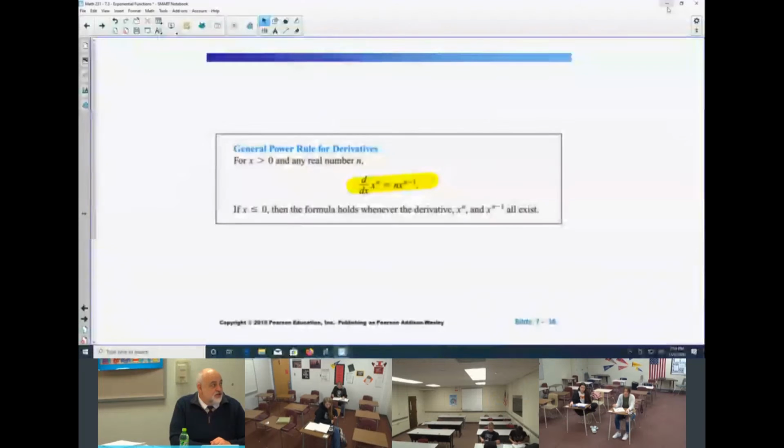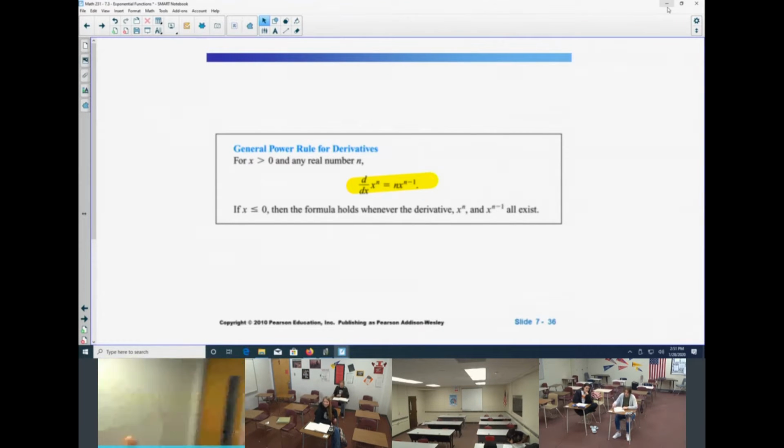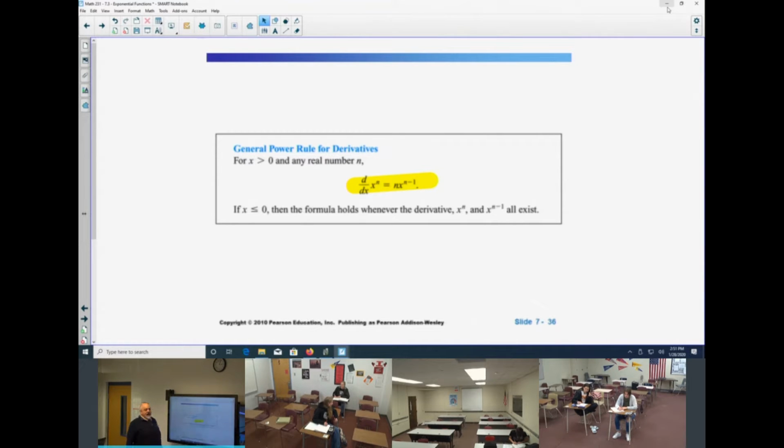Okay. So this first little bit of notes here is not on the sheet, because this is just a review of the general power rule for derivatives. This is back in Calc 1. I just wanted to remind you of the power rule, so you can write it down or not.